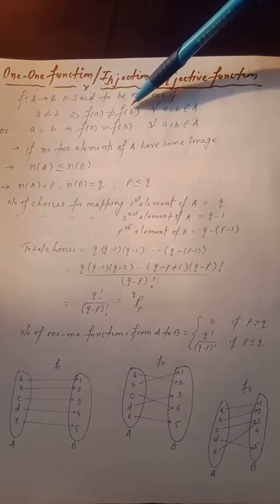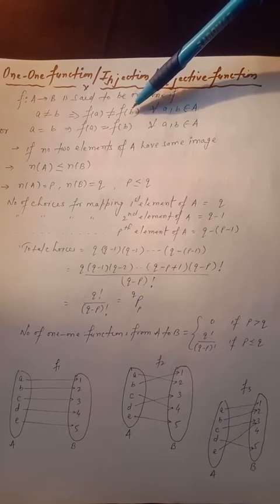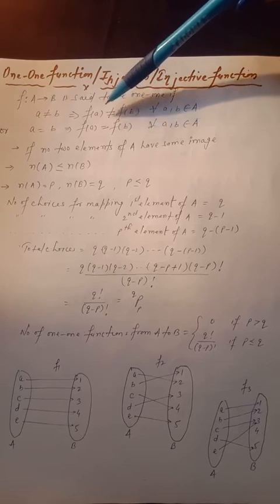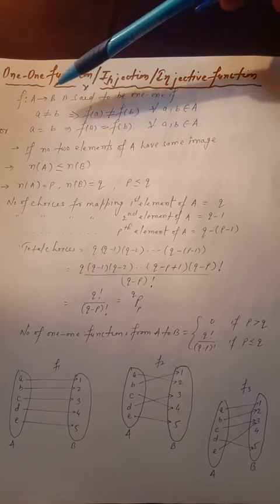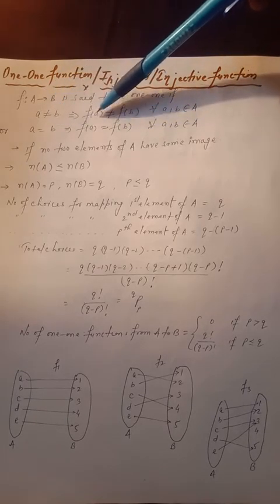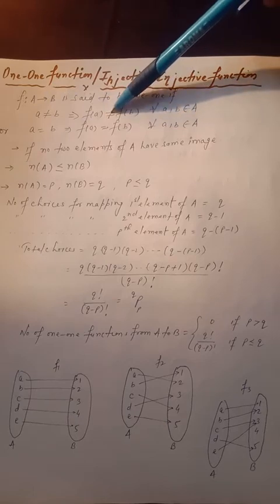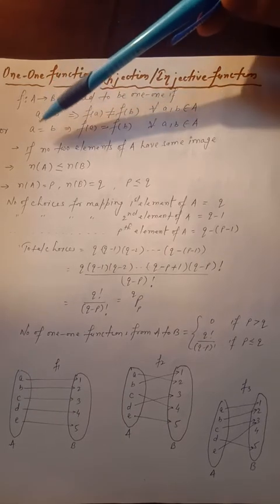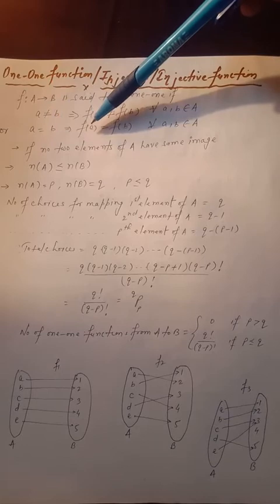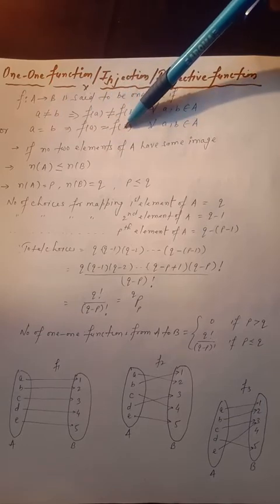We will discuss this topic in detail when we will take real functions. But here you must know this concept that when a and b are different and f(a) and f(b) are different, then the function is one-one. Or if a and b are same, then f(a) and f(b) must be same.